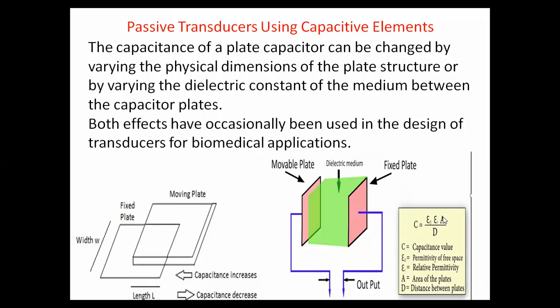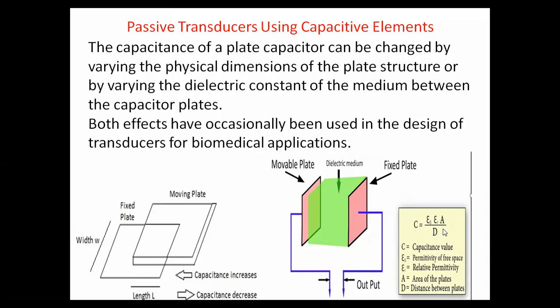If we change any one parameter, that causes a change in the capacitance value. If you change the overlapping area between the two plates, the capacitance value will change. If the overlapping area between the two plates increases, then the capacitance value increases, because the overlapping area is proportional to capacitance.